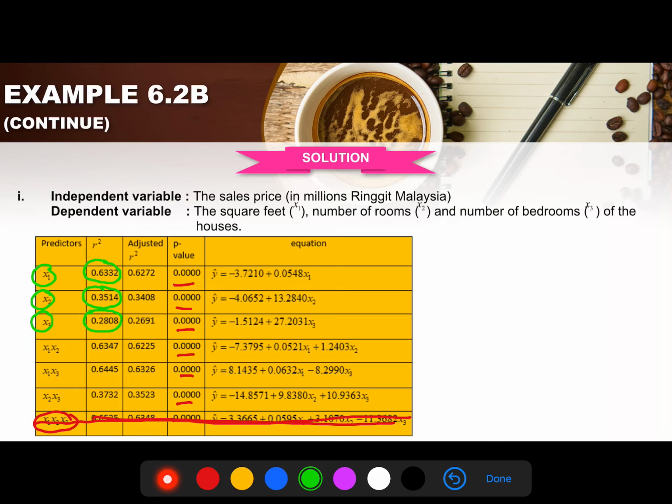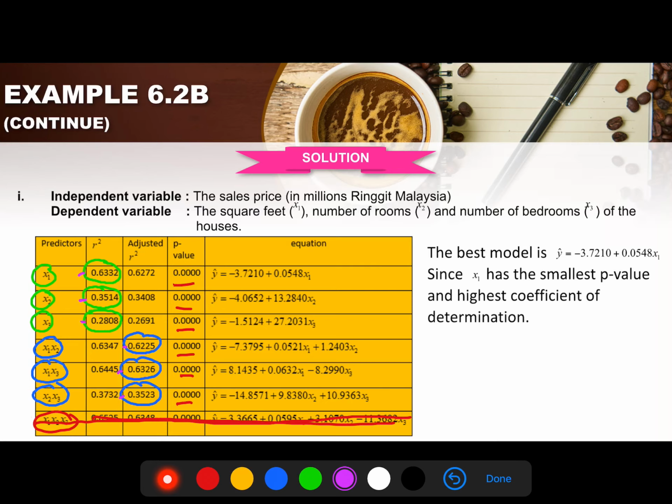For multiple linear regression, x1, x2, we look at the adjusted R square. x1, x3, adjusted R square. x2, x3, also adjusted R square. So from these 1, 2, 3, 4, 5, 6, find the highest coefficient of determination. So the answer is the best model is x1.